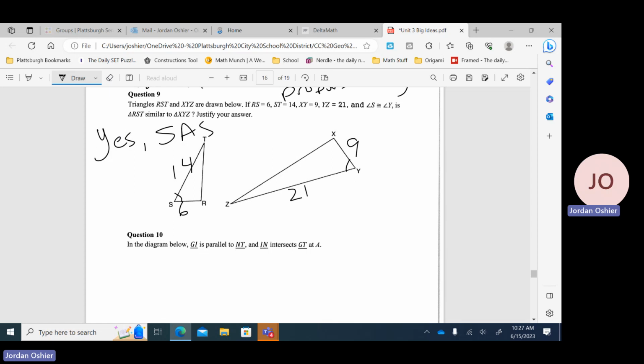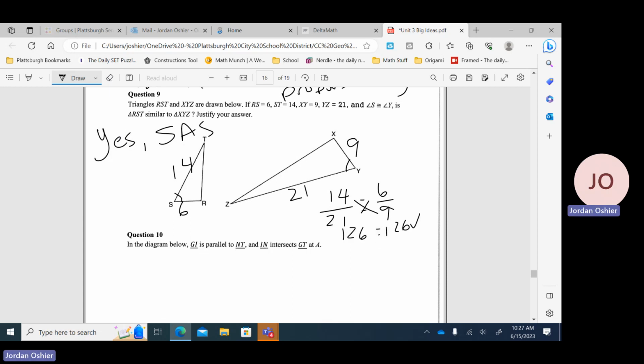The angles are labeled. Now we just need to show that the sides correspond. So I'm going to do 14 over 21 equals 6 over 9. And again, I'm going to cross multiply and make sure this is true. So 6 times 21 is 126. 14 times 9 is also 126. And now my work and letters right there justify my answer.